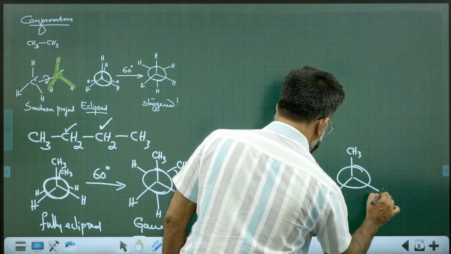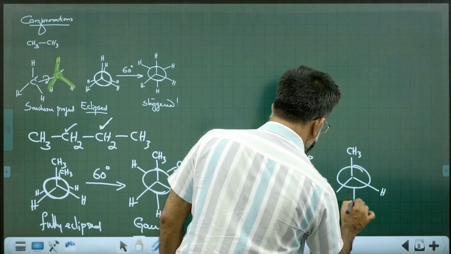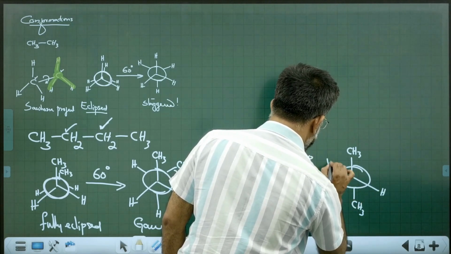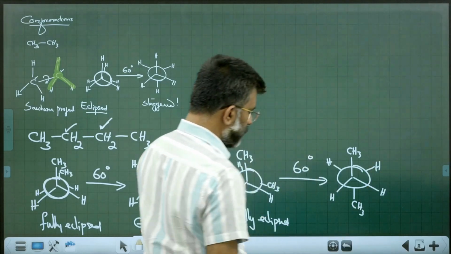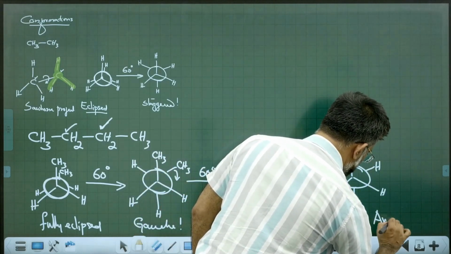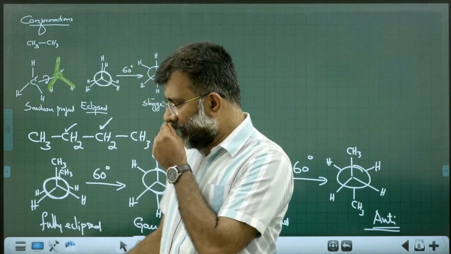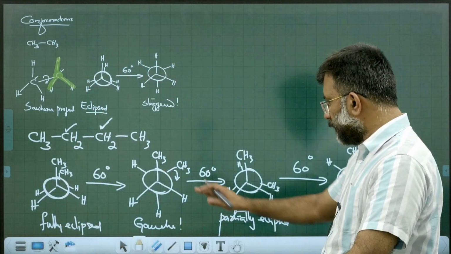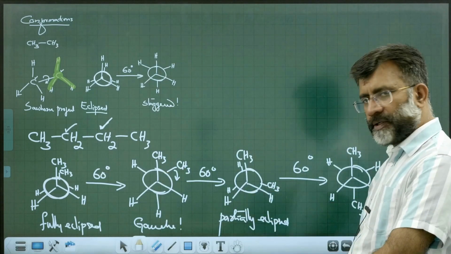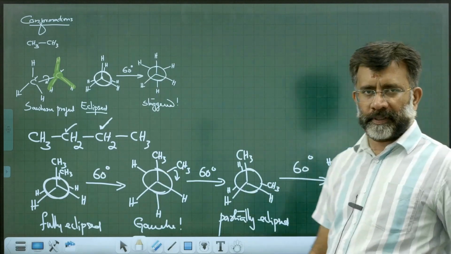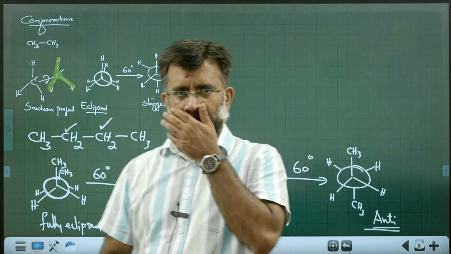CH3, H, CH3, H. This is called anti-conformation. So, completely eclipsed, Gauche conformation, partially eclipsed, anti-conformation. And what is the order of stability?